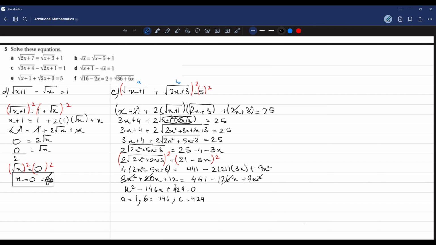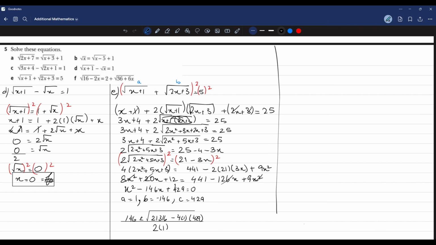Okay, again, minus b is equal to positive 146 plus minus under root b squared. So negative 146 whole squared is equal to 21,316, minus 4ac, 4 multiplied by 1 multiplied by 429, divided by 2 multiplied by a, which is 2 multiplied by 1 itself.